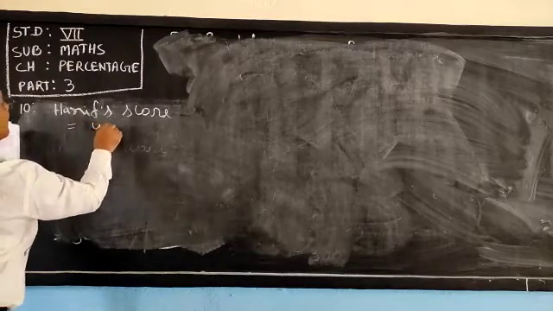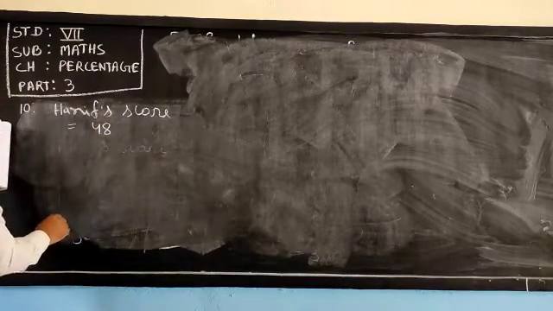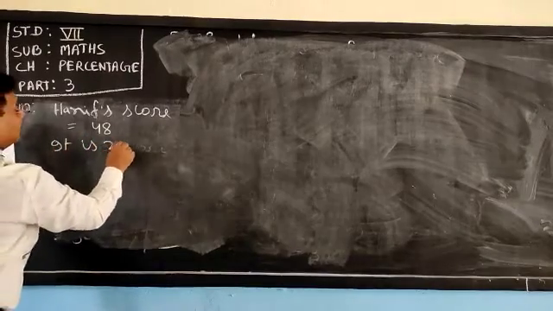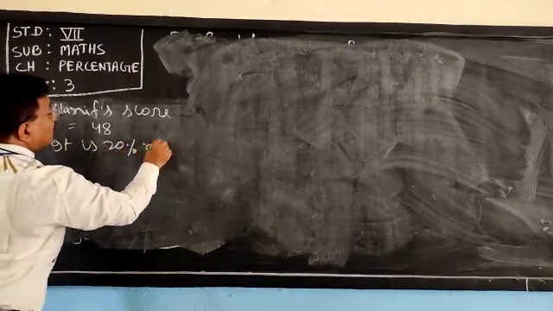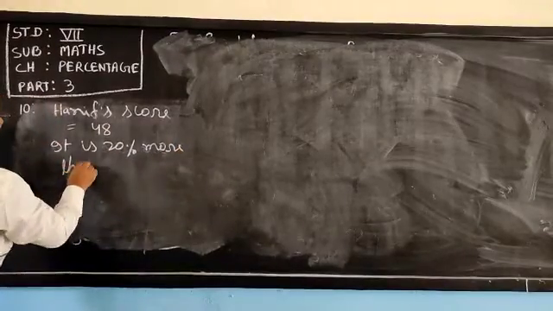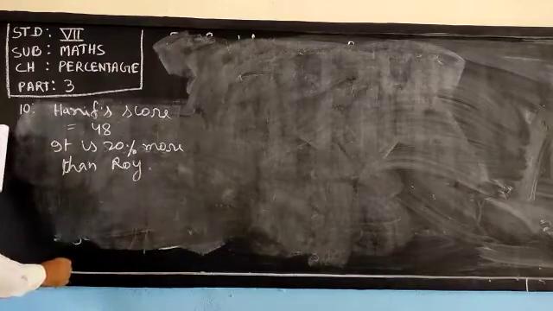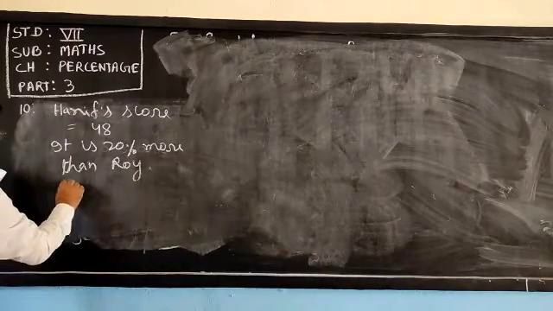If he scored 20% more than Roy, so what is the question? What is Roy's score?